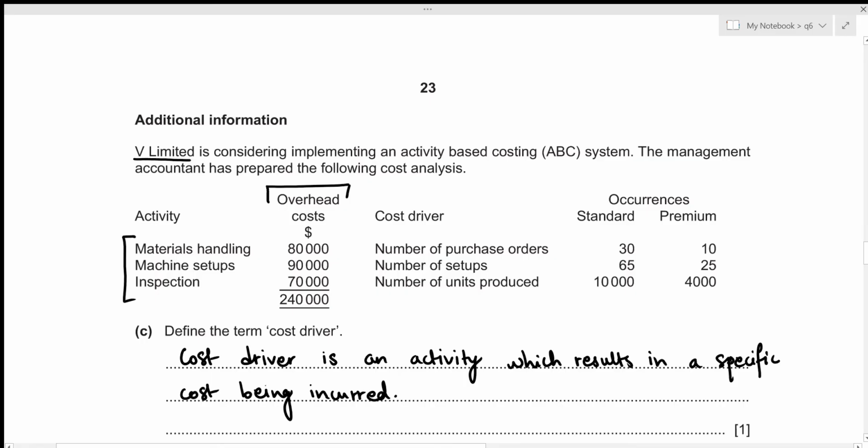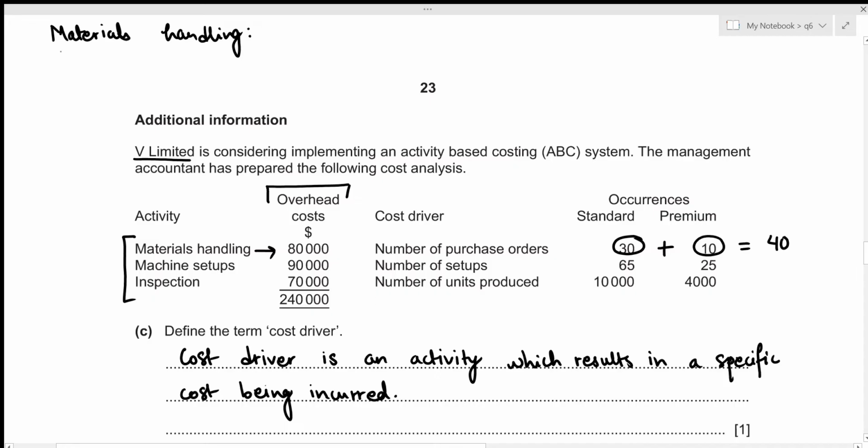So the first one is materials handling, and the cost driver is the number of purchase orders, meaning that the distribution of materials handling among standard and premium would be done on the basis of number of purchase orders. All right, let's do that. So let's first figure out the total number of purchase orders. That's just going to be 30 for standard plus 10 for premium, which results in a total of 40. And let's divide our materials handling cost.